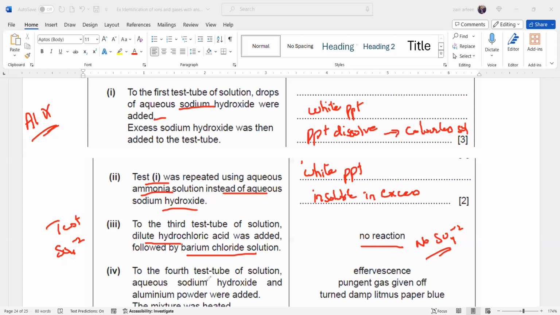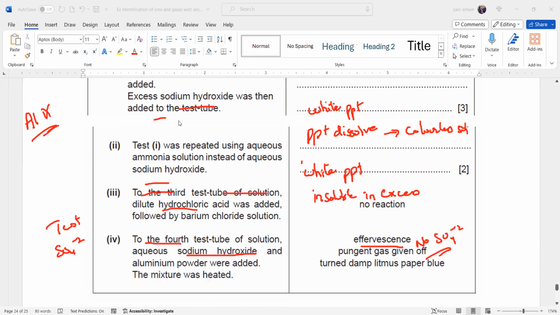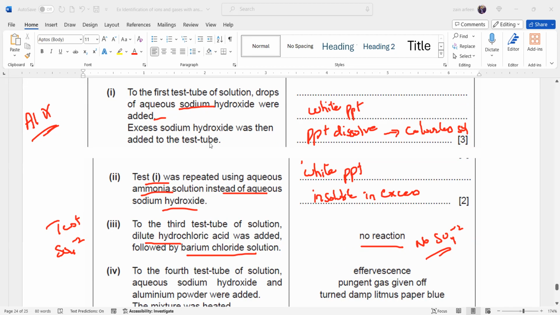To the fourth test tube, aqueous sodium hydroxide and aluminium powder were added. If we add sodium hydroxide and aluminium powder and heat, which negative ion is being tested? You have to use the table.